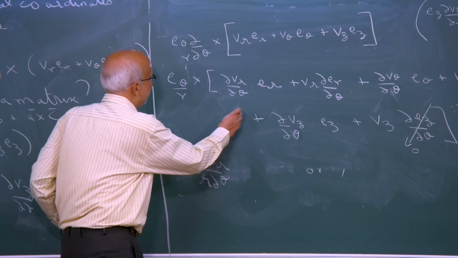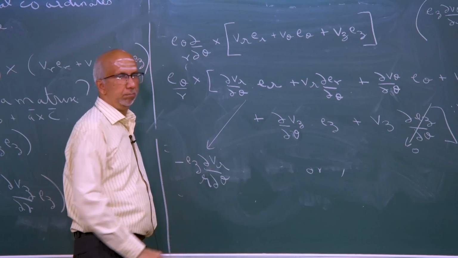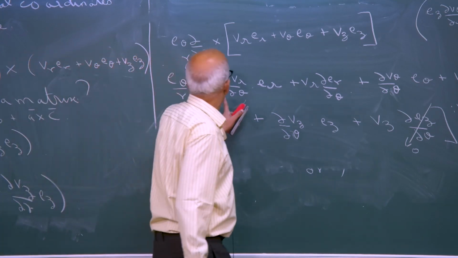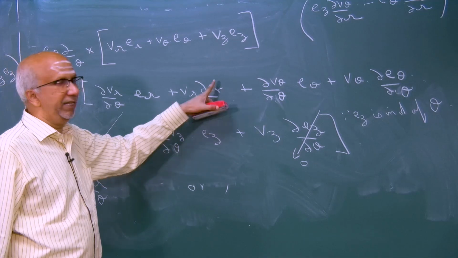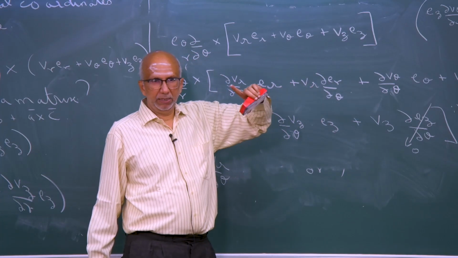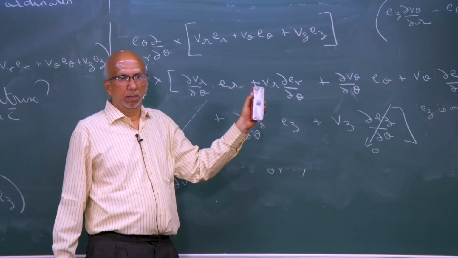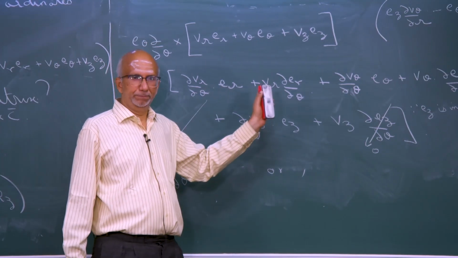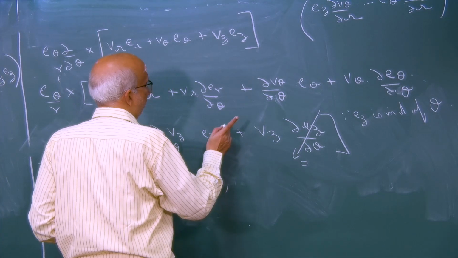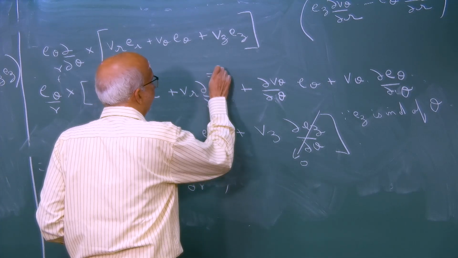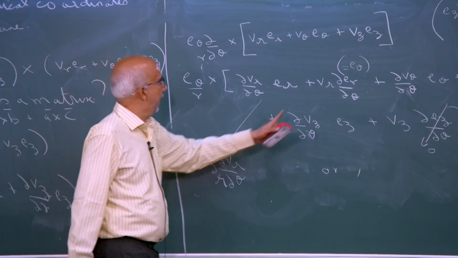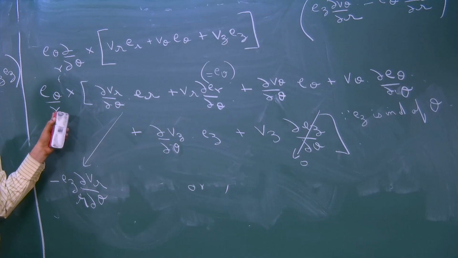So, this is this term, okay. What is this going to be? What is dr by d theta? If you remember what we did earlier, dr by d theta is E theta, and E theta crossed with E theta will be 0.